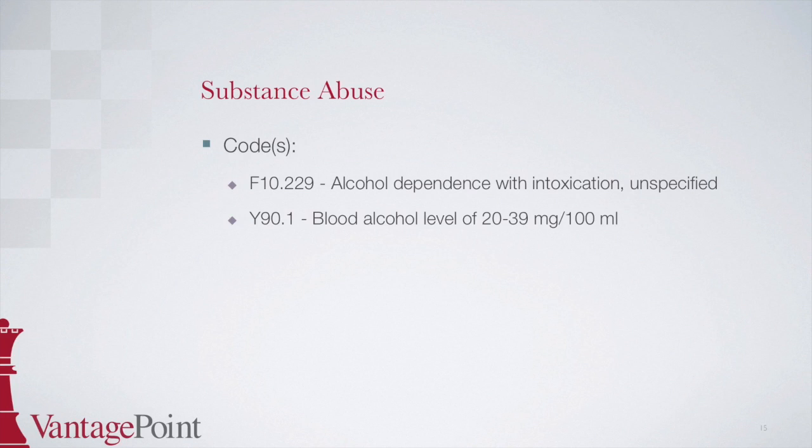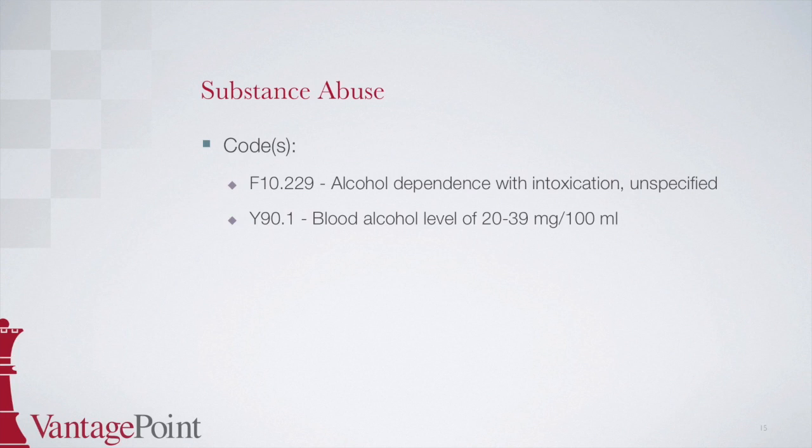Our second code is Y90.1, blood alcohol level of 20 to 39 milligrams per 100 milliliters. If you happen to look at the beginning of category F10 for the first code, there is an instructional note to use additional code for blood alcohol level if applicable, which is category Y90.